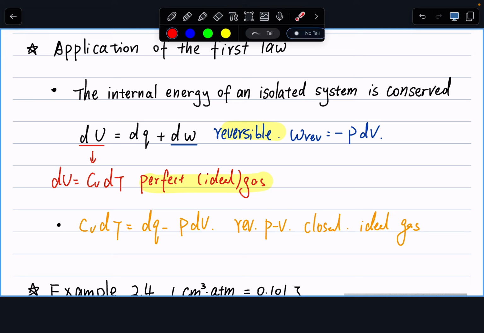These are the things that need to be there so that this equation is true. For example, if I give you a true and false problem and say this equation is always true, then it becomes a false statement because it is only true for reversible PV work, closed system, ideal gas.